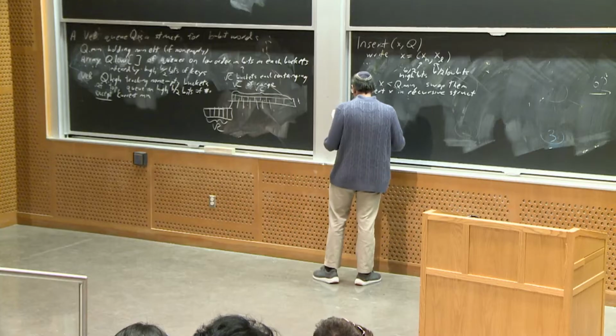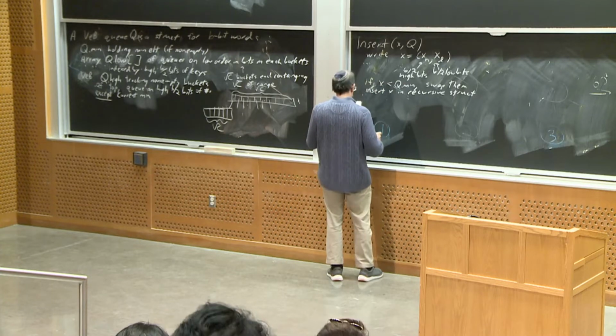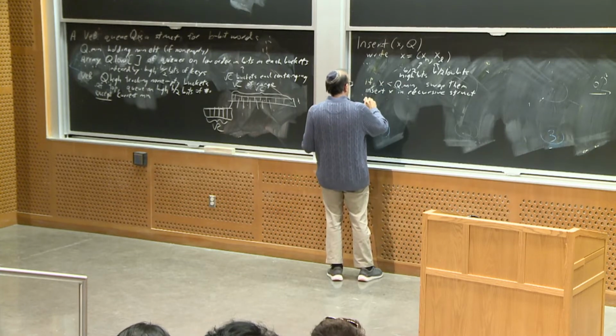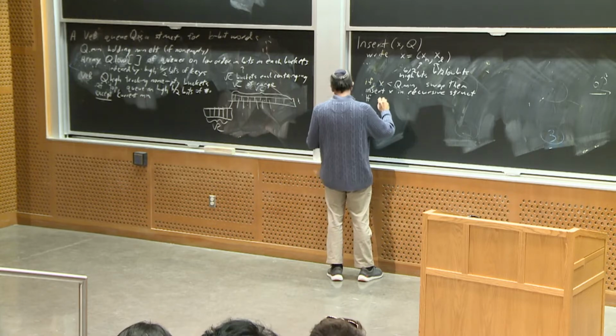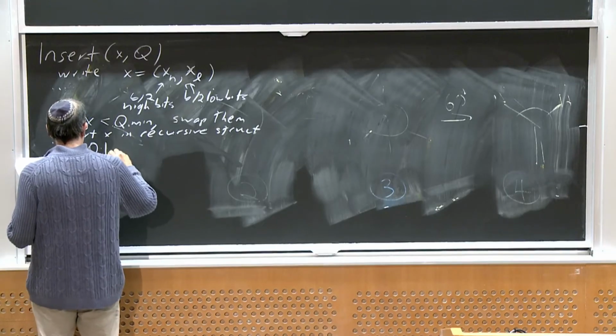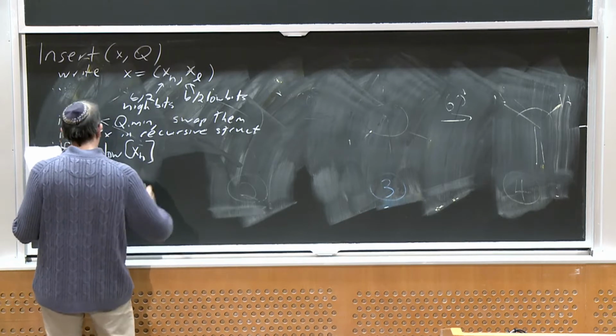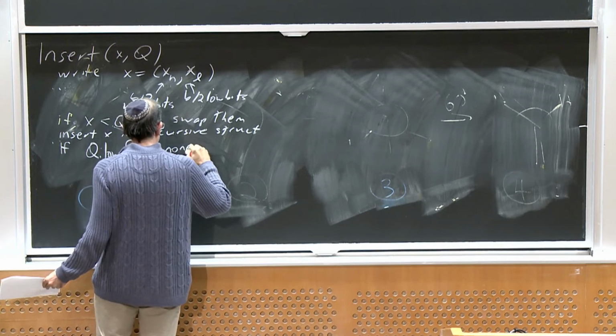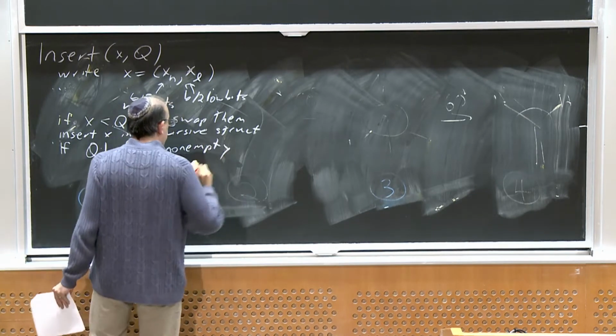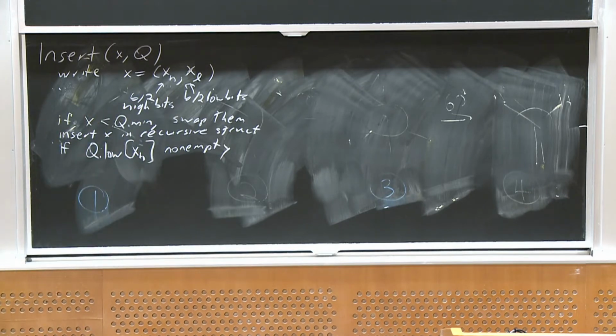So if there's already something in the bucket, if q.low indexed by the high order bits is non-empty, what should I do? That means there's already some stuff in the bucket associated with the high bits. Right? So what do I need to do to finish inserting x into the queue?